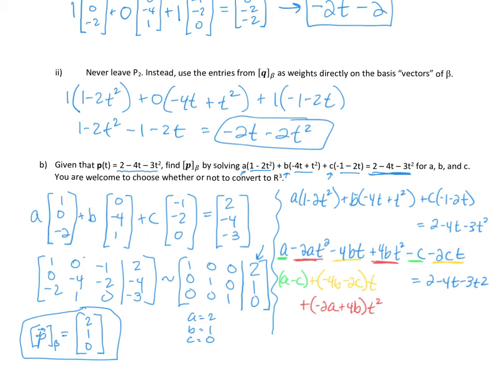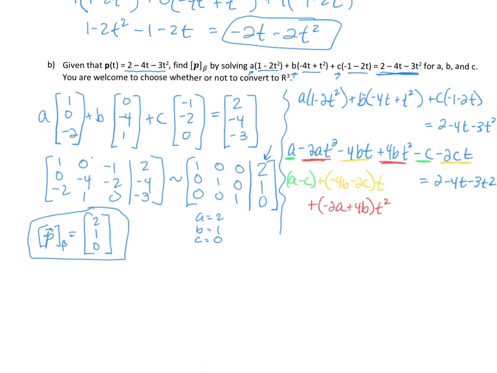Okay, so now to solve for the coefficients, the a, b, and c that I don't know, I'm going to match coefficients, equate coefficients. So a minus c is the constant term on the left, and the constant term on the right is 2. So it has to be that a minus c equals 2. And then the coefficient on t on the left is negative 4b minus 2c, and on the right, it's negative 4.